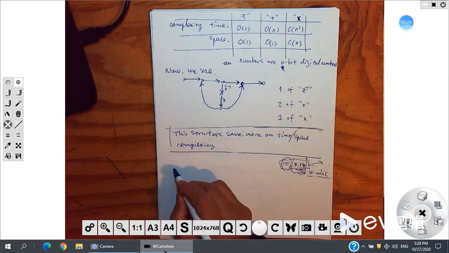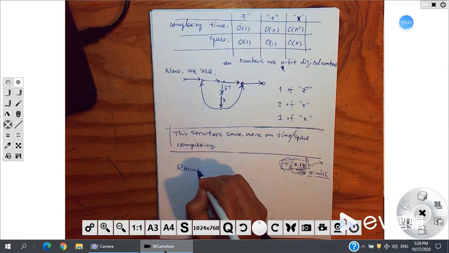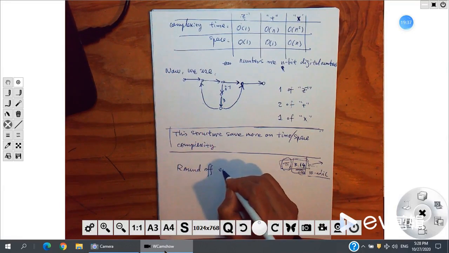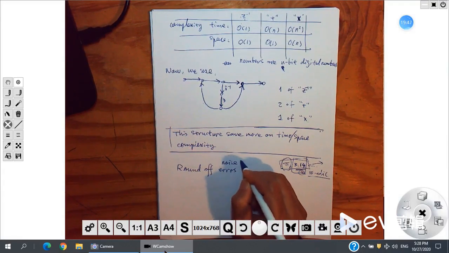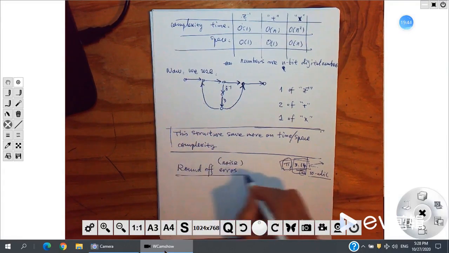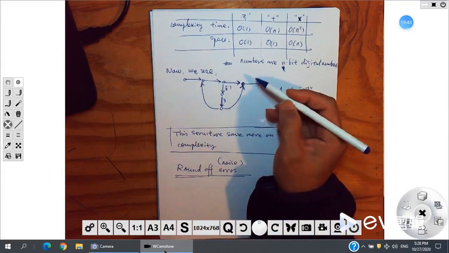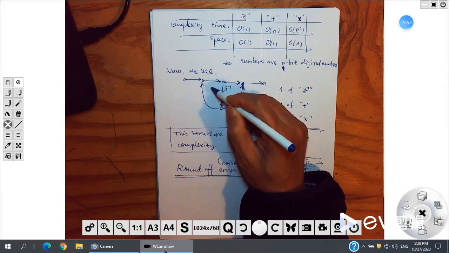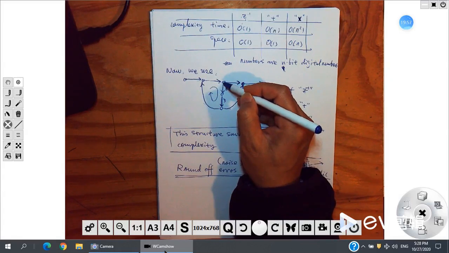So we have another thing, which we call round-off error, or round-off noise. You will consider this when you look at the structure. For example, suppose you have a loop here, and you have a round-off that causes some error.